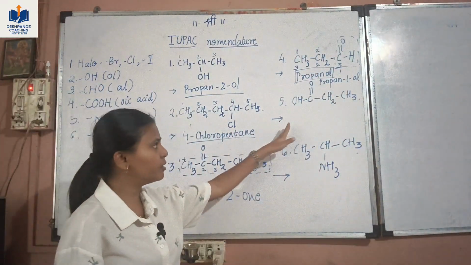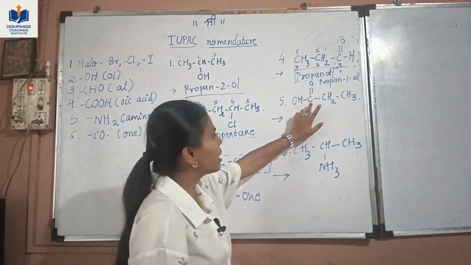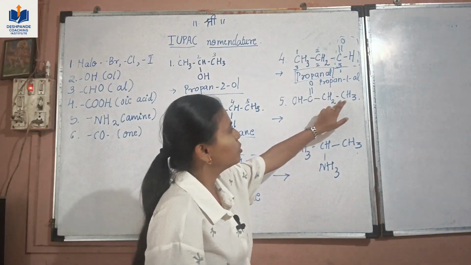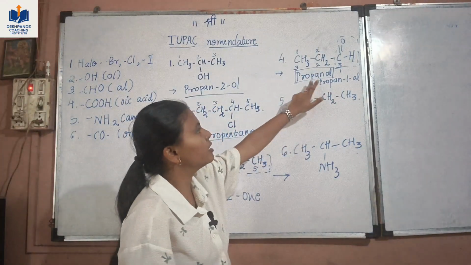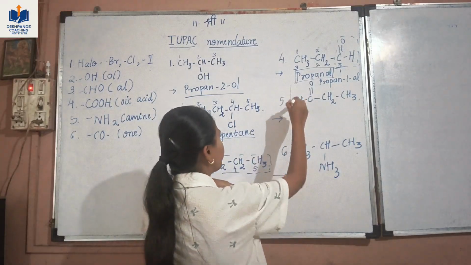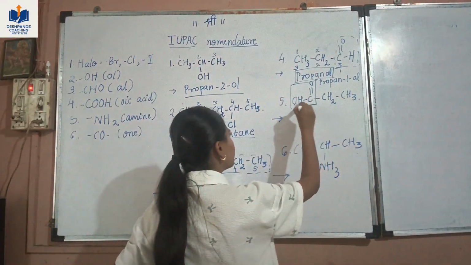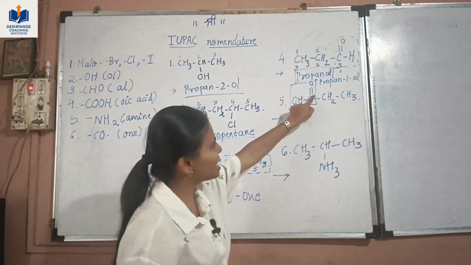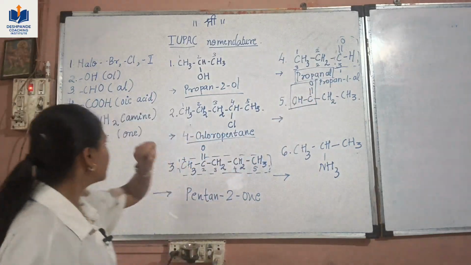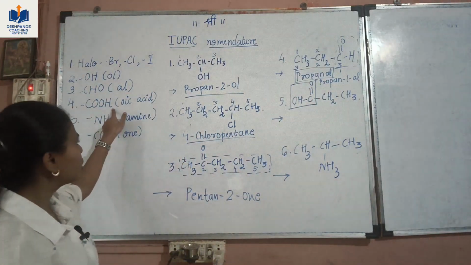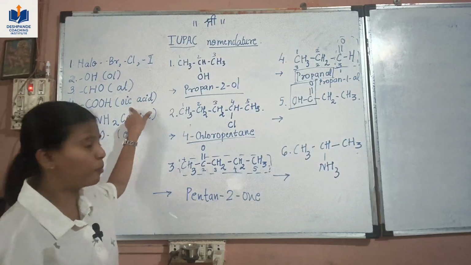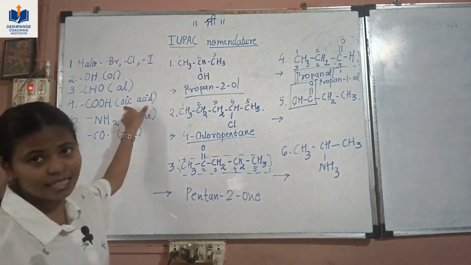Okay. So the fifth one, we'll see how many carbon atoms are there. 1, 2, 3. Now here again, this is the whole group, COOH, which is the carboxylic acid group. The ending is oic acid.